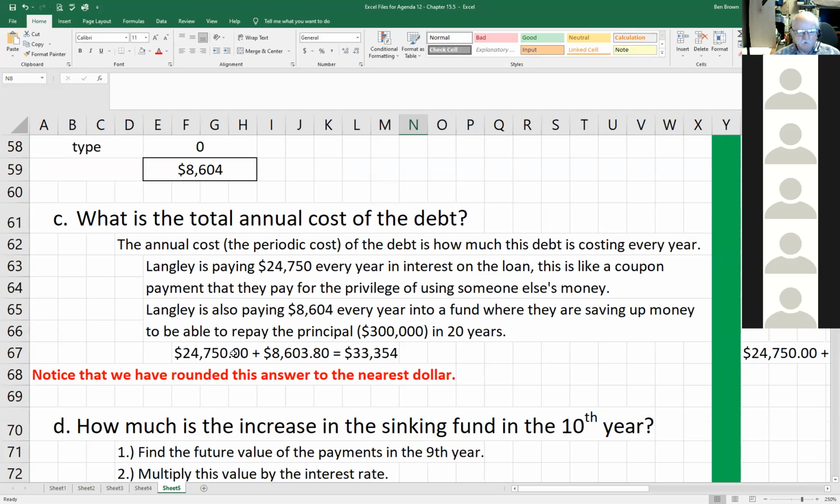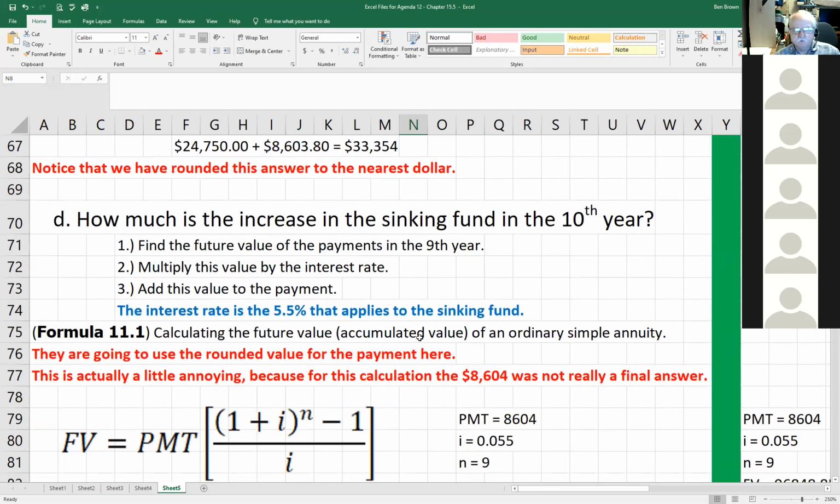So periodically, every year, this is costing them $33,354. So how much is the increase in the sinking fund in the 10th year?